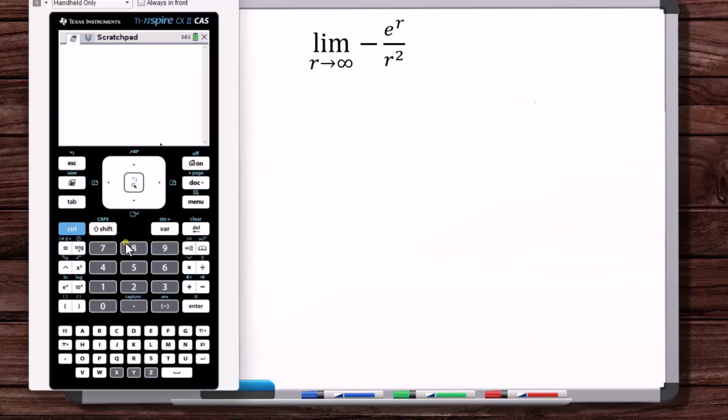So, okay, if we've got e to the x and then x squared, let's plug in x is equal to 5 here. Okay, now with x squared, let's plug in 5.